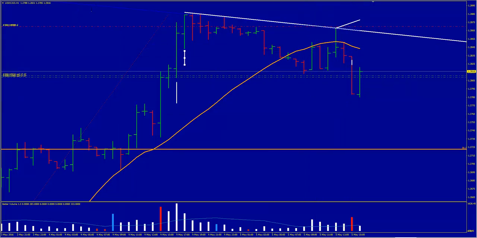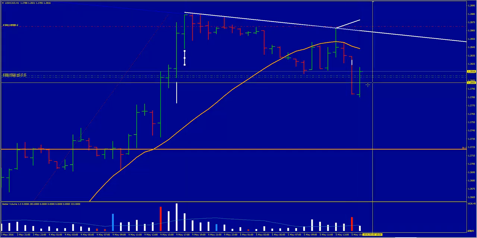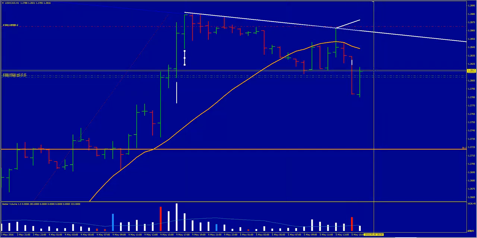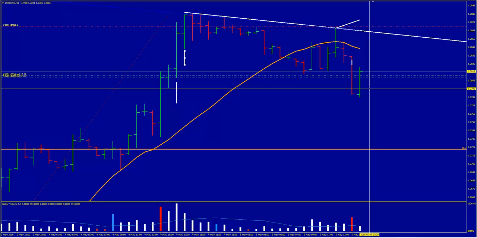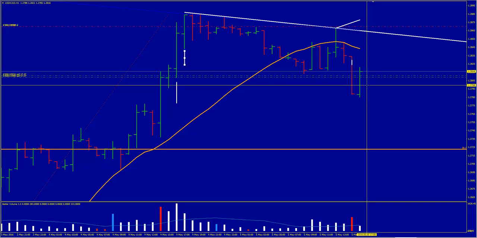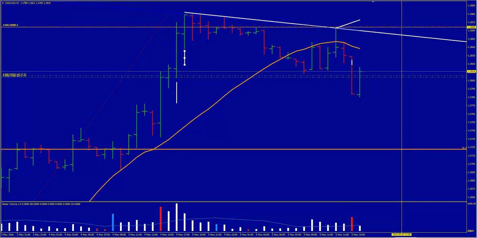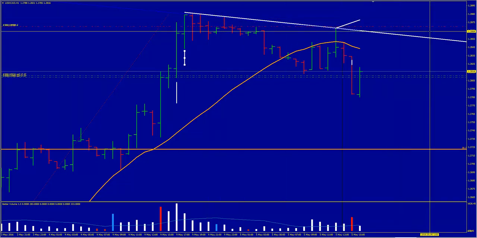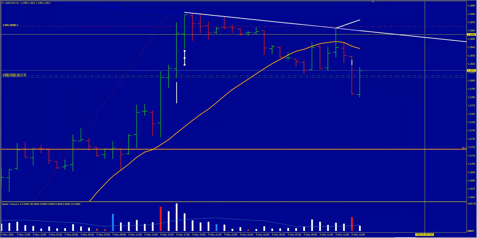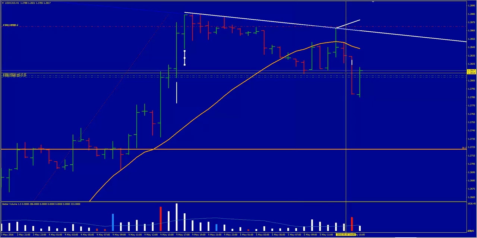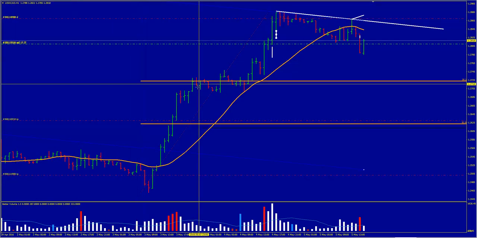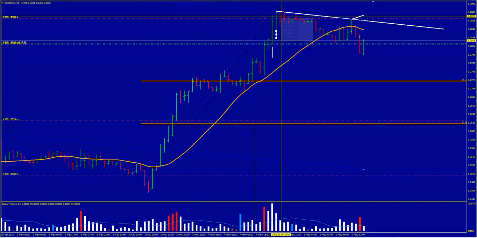Because of this drop, so far right now we have demand coming in about 25-30 pips, but my idea here is if the price goes and hits my stop loss and goes above this supply trend line, this will confirm the potential recontinuation of the buying pressure from the previous buying pressure from this stage here.